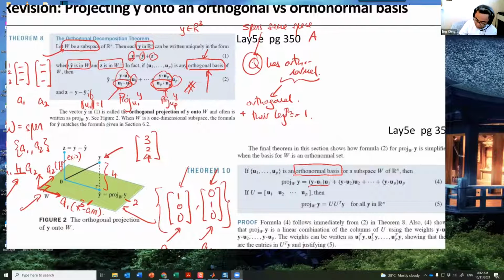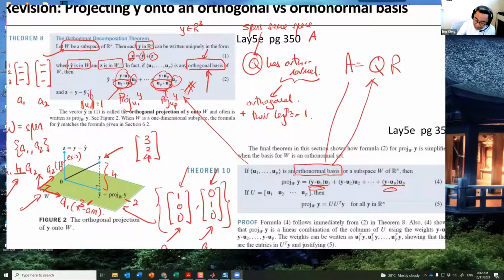You'll see that there is nothing below, compared to equation 2 here. So we prefer an orthonormal basis, and that's where Q comes in. A equals QR. Q is an orthonormal basis spanning the same column space of A. And then we have all these nice equations that we use.